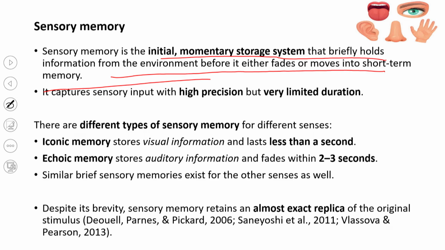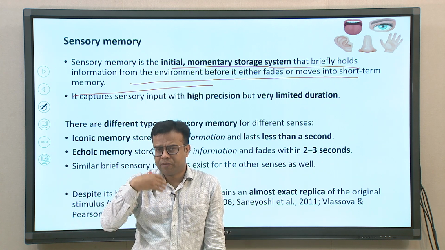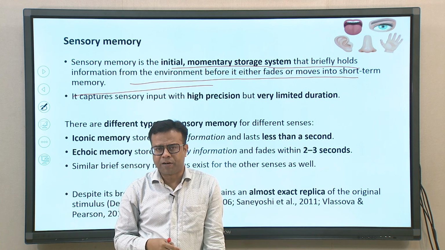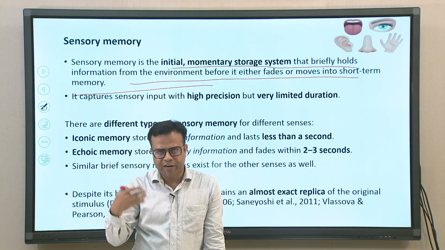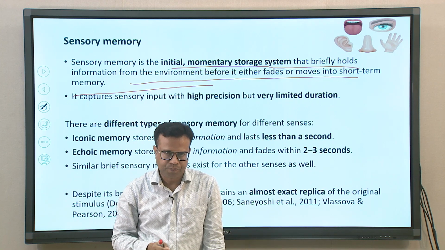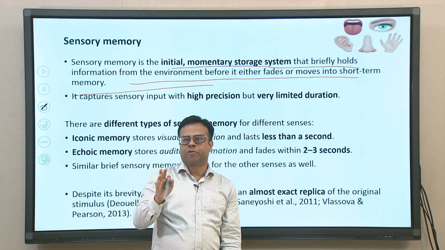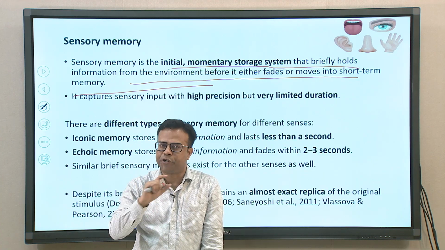Depending on whether you pay attention or process the information properly, it will probably go to the short term memory. If it is not paid attention to, it will fade away within 1 or 2 seconds. So, that is the sensory memory, which captures initial information for a very brief period of time.